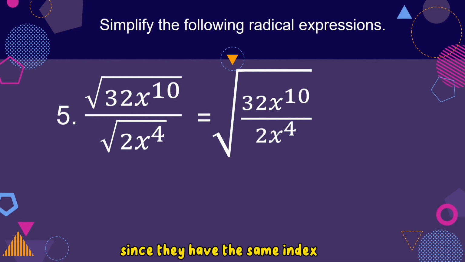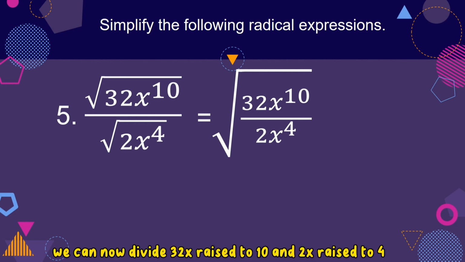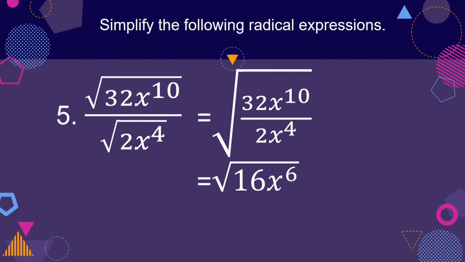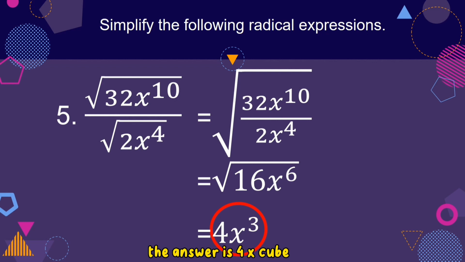Since they have the same index, we can now divide 32x raised to 10 and 2x raised to 4. And we will have square root of 16x raised to 6. Get the square root of 16x raised to 6 and you will get 4x cubed. The answer is 4x cubed.